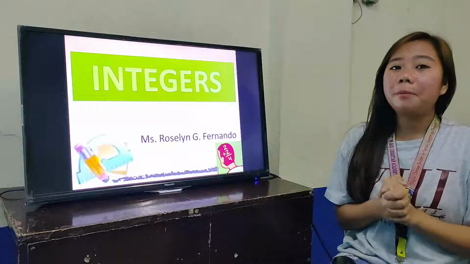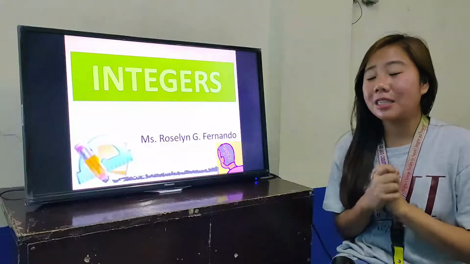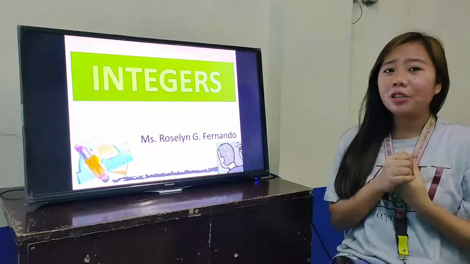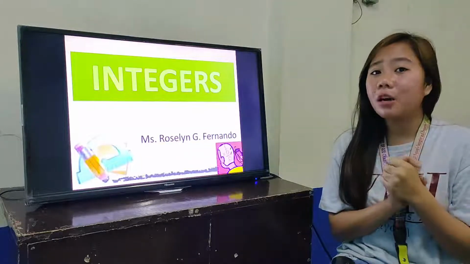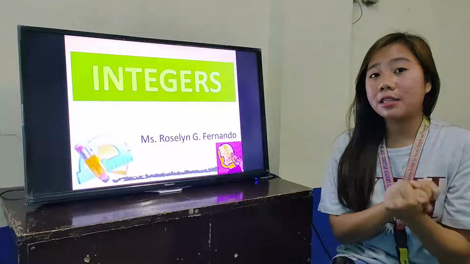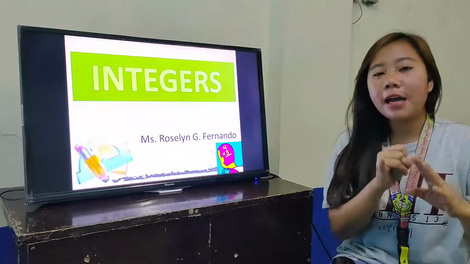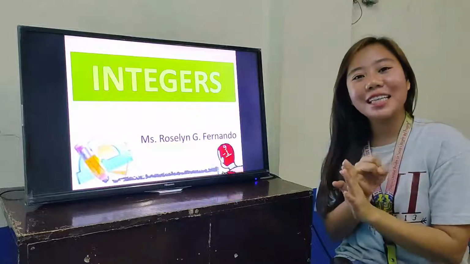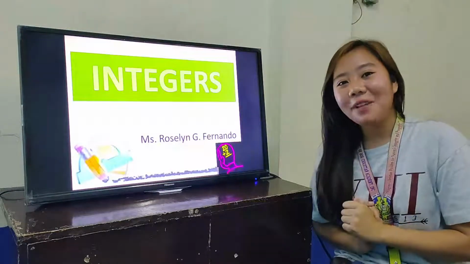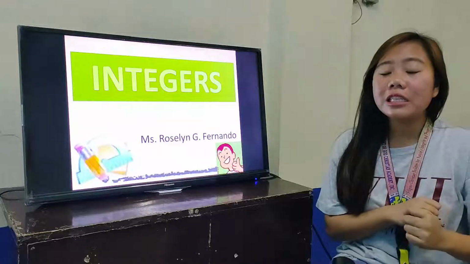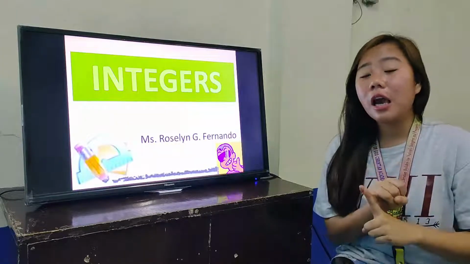So do you still remember the 3 basic operations that we discussed last time? Okay, very good. They are adding integers, subtracting integers, and multiplying integers. In adding integers, we considered 3 rules.